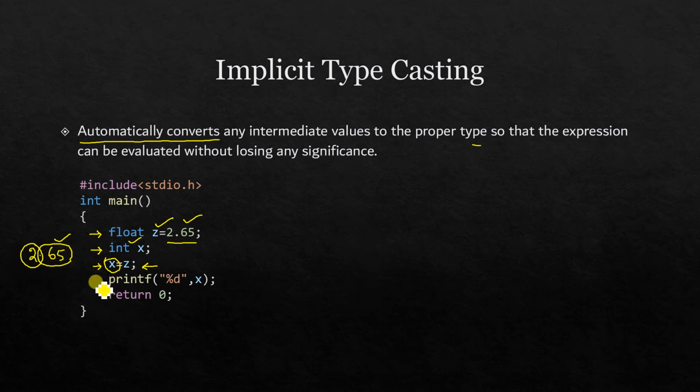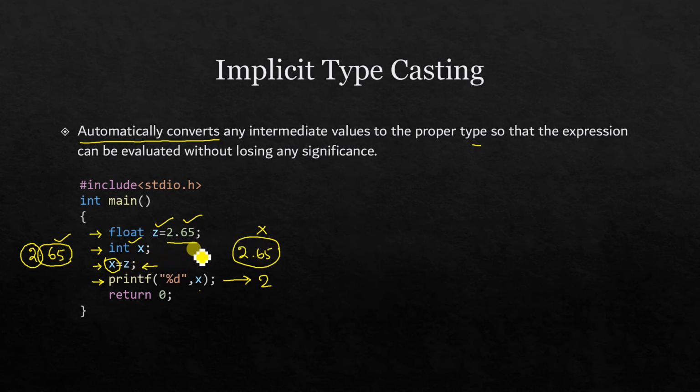That means after executing this printf statement, the output produced by this program will be only 2, not 2.65. 2.65 will not be displayed, because this real value is automatically converted to an integer.